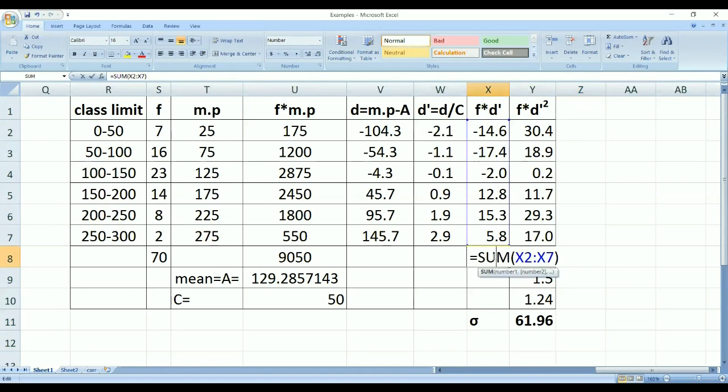So it is 0. So we don't have to calculate that second term, right? Just take the square root of the first term. So the answer is 61.96. If you take the sum, it is 0. So that's why this second term is 0.